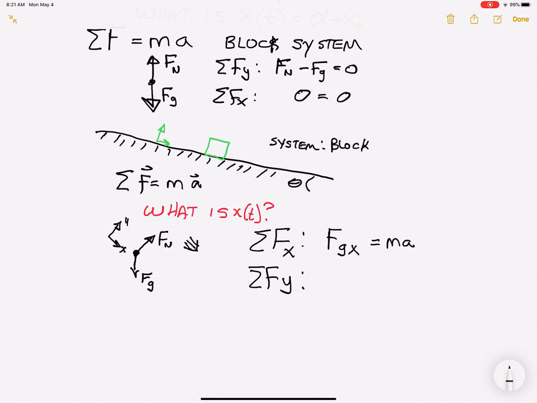In the y direction, there'd be a force normal minus a force g in the y direction equals mass and the acceleration, which we know here is 0 because the green box isn't tumbling or bouncing down the hill or anything. It's just going.